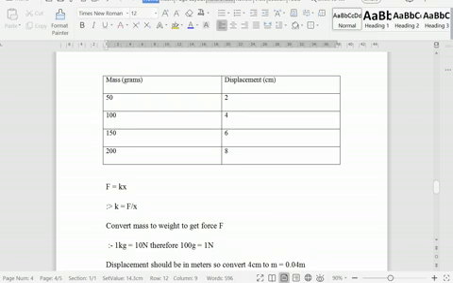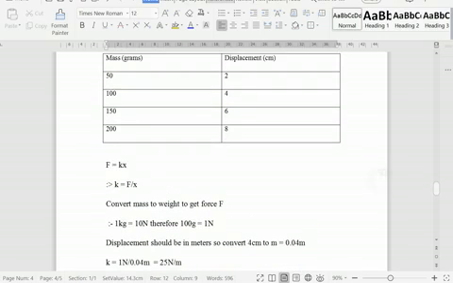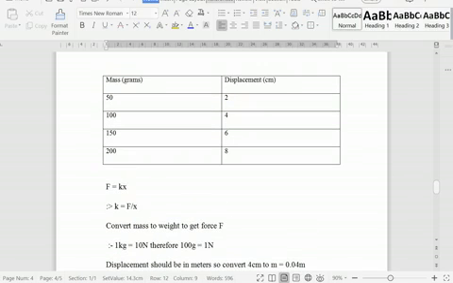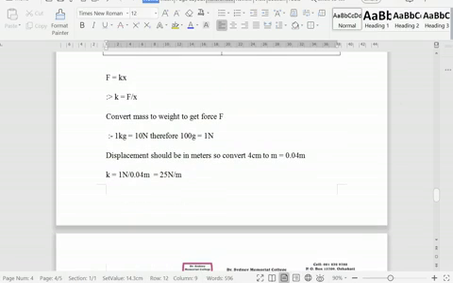F being the force, we are given the force, but the force now is in the form of mass. So we have to change the mass to weight, because weight is a force, but mass is not. Weight is a force, mass is not a force. So we have to change this mass into a force.